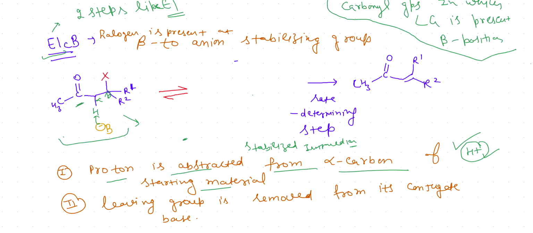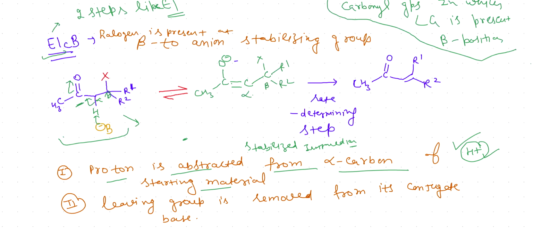See, CH3, CO negative, just showing from here. There is an electron shift between carbon and oxygen, and a double bond C, CX, R1, R2. This is the alpha carbon and this is the beta carbon.